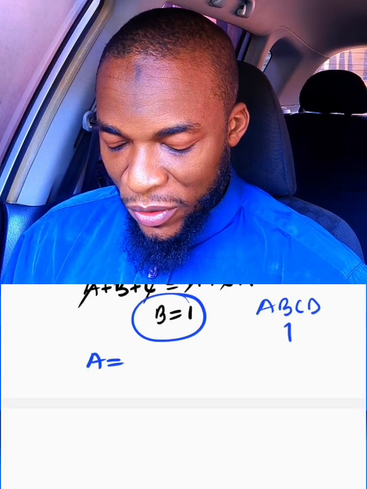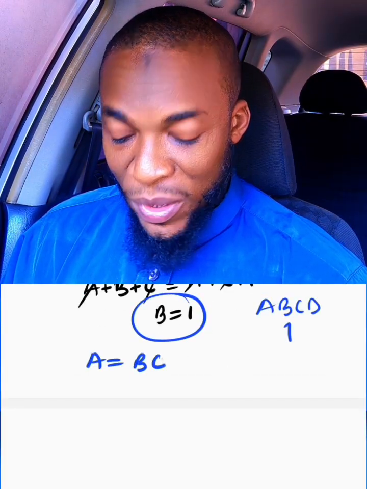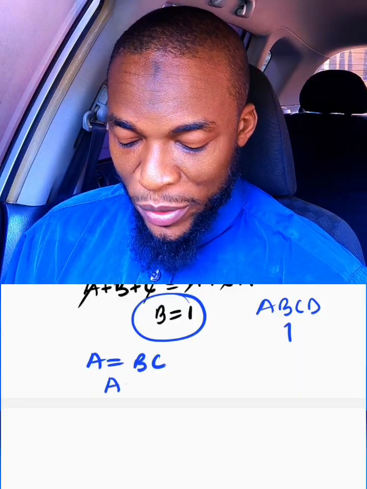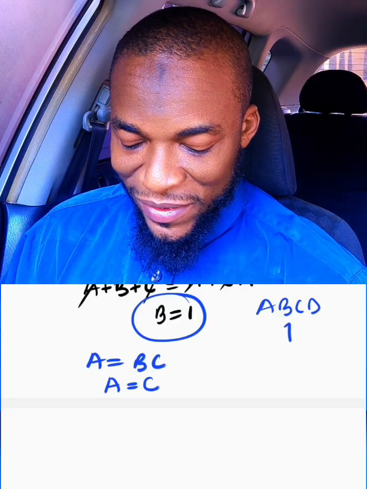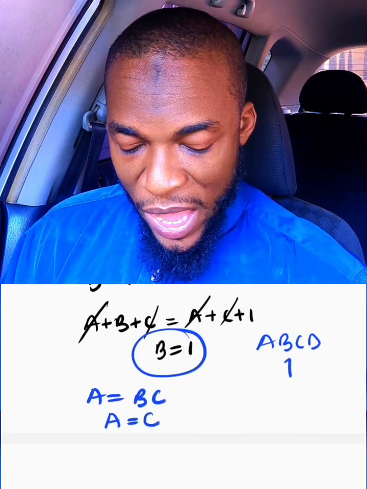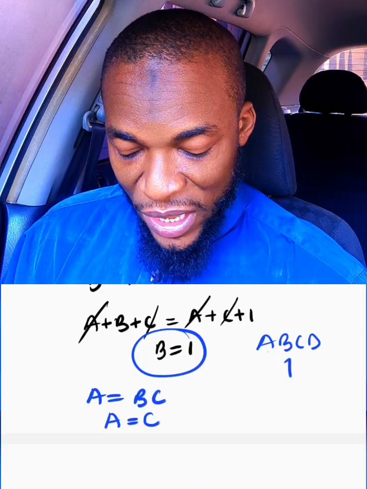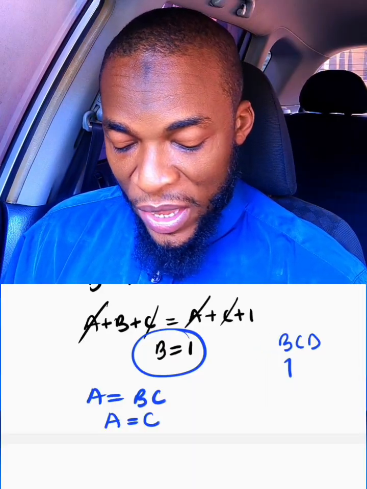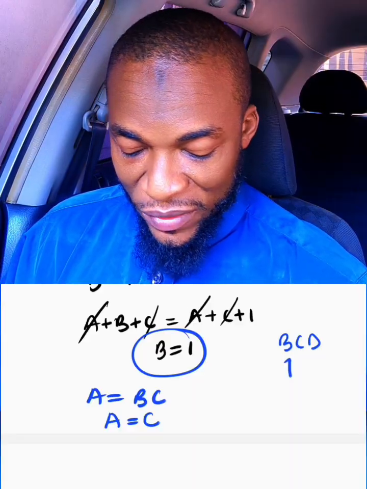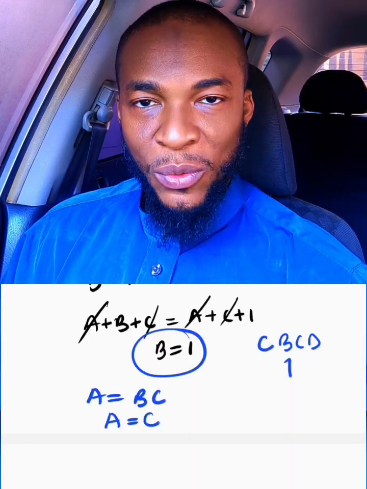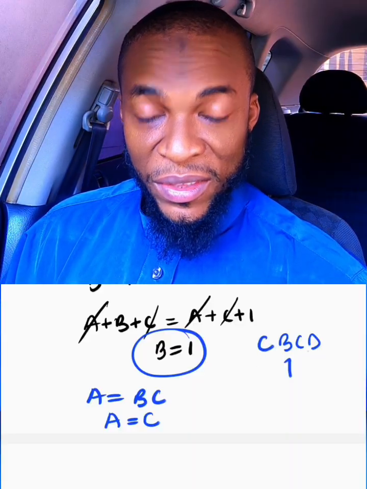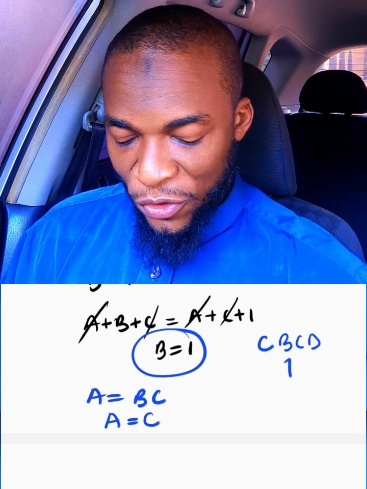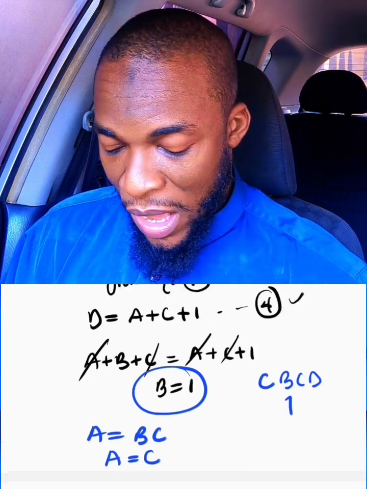If A is equal to BC and B is 1, then A implies what? Equal to C. So we can come here and substitute A with C or C with A anyhow. So I would like to remove A and write it as C because they are the same. So the thousands and the tens digits are exactly the same. So what can we do to find them?